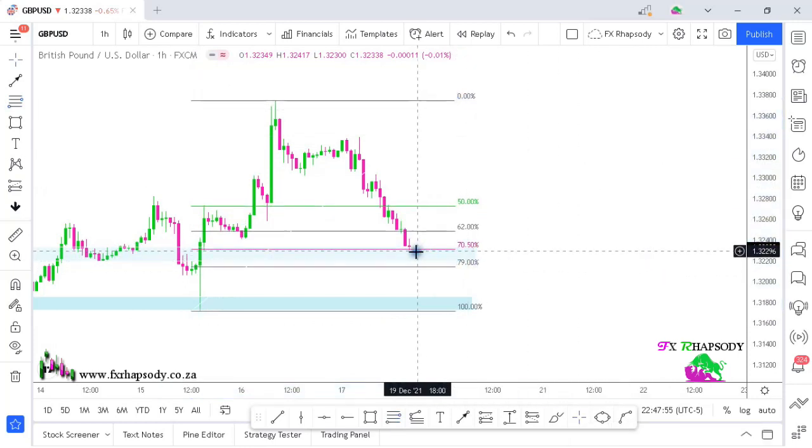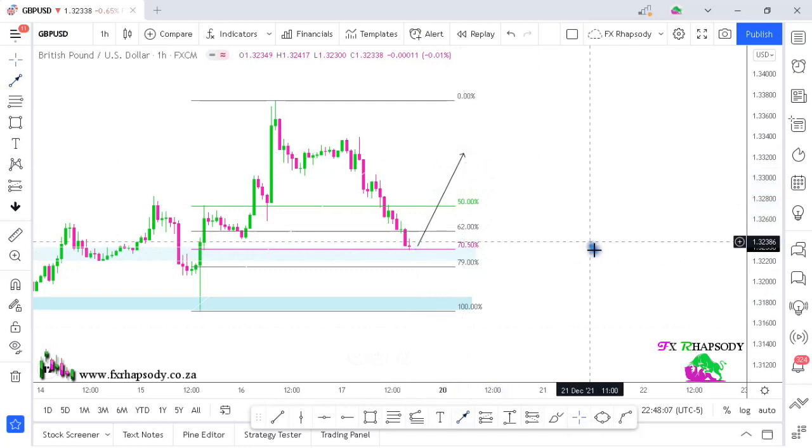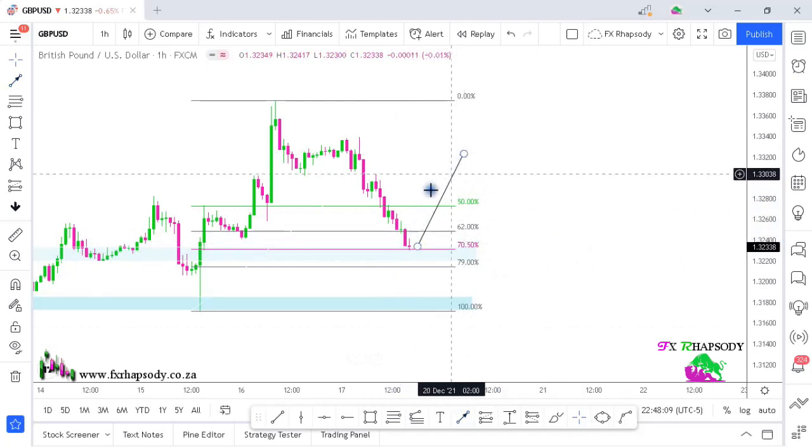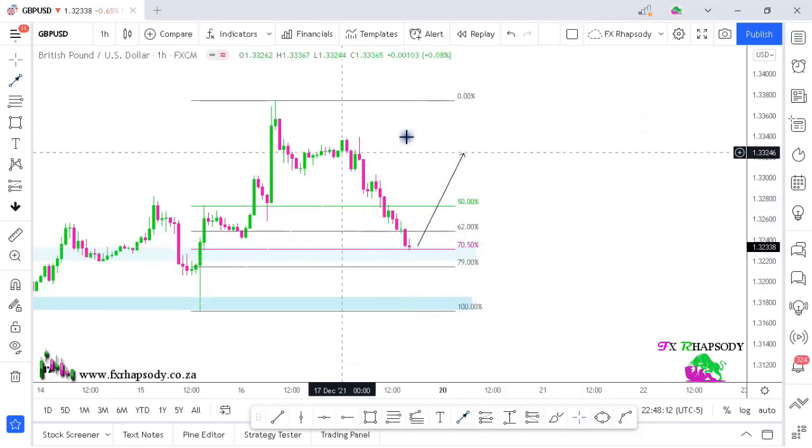That is the optimum trade entry on the 70.5%. It also falls nicely into the zone, and that is why I'm saying from here on we will see this movement to the upside. And where can it retrace back to? To the previous Fibonacci that I just showed you, that's 62.